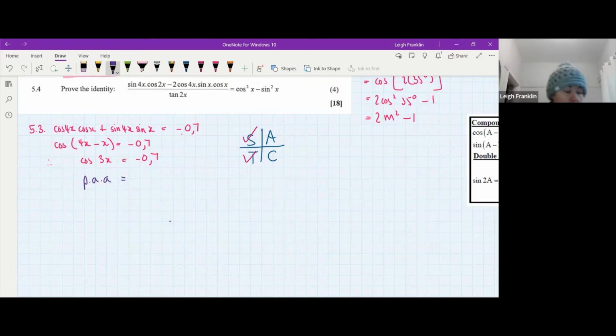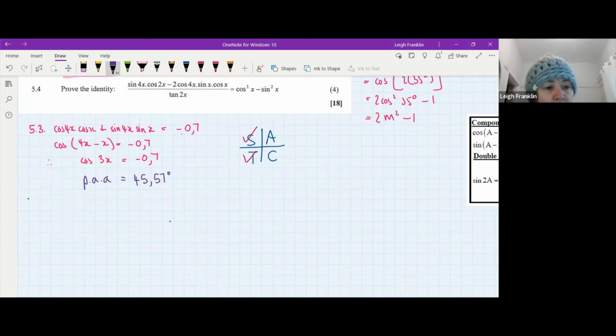On our calculators, we go shift cos, pop in the 0,7, and that gives us a reference angle of, I'm getting 45,57 degrees. Now I need a solution in quadrant 2 and a solution in quadrant 3.